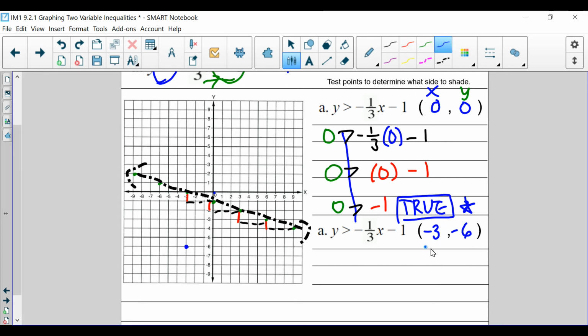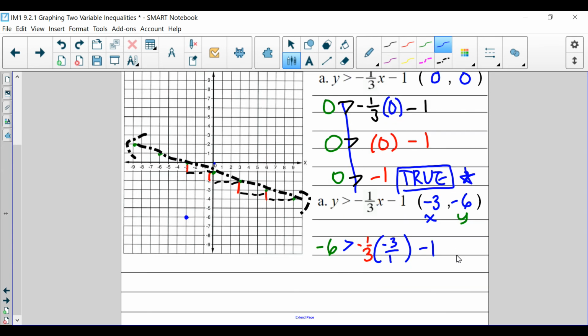We're going to put in x here and a y here, where we're going to put -6. Is that greater than -1/3 with the -3 for x, then the -1?